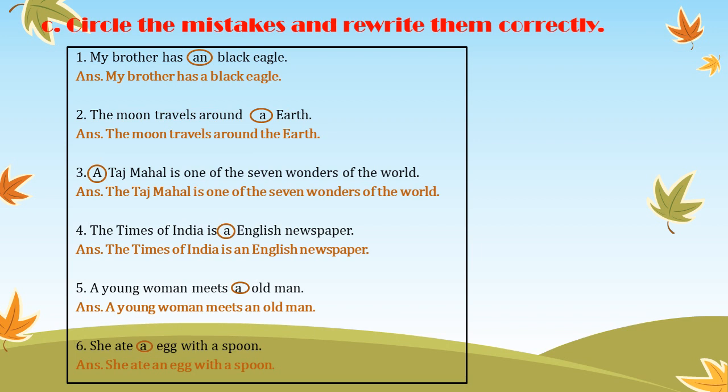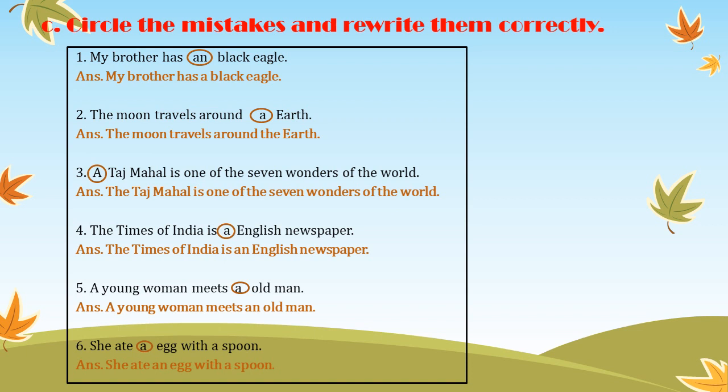Second is: the moon travels around a earth. We have studied in the previous slides, we use the article the with heavenly bodies. And earth is a natural body, so we have to use the. Answer is the moon travels around the earth.